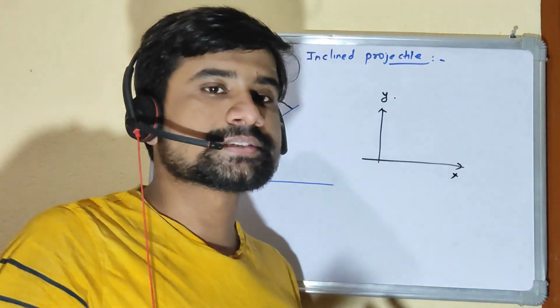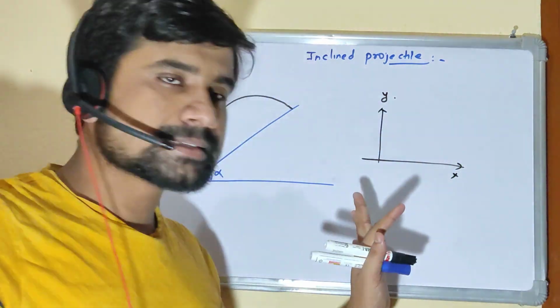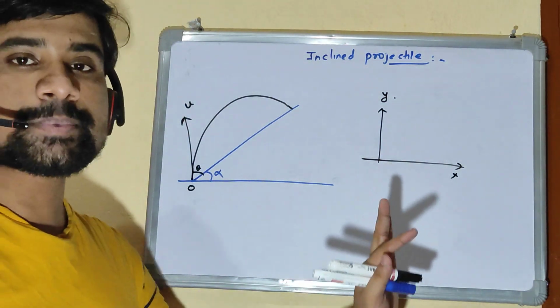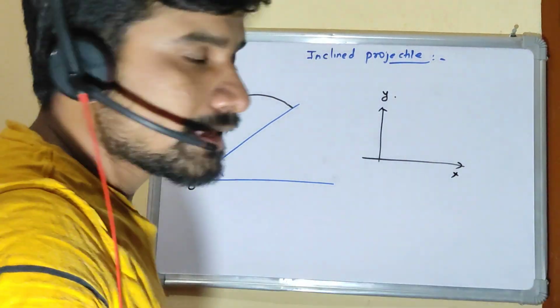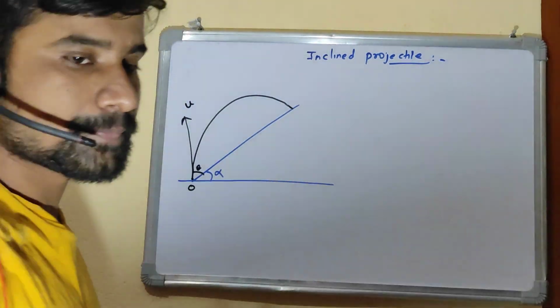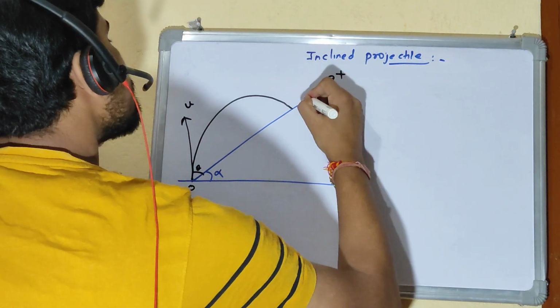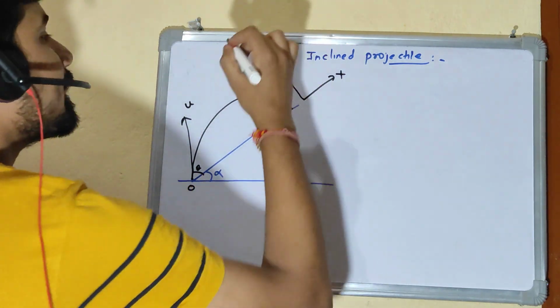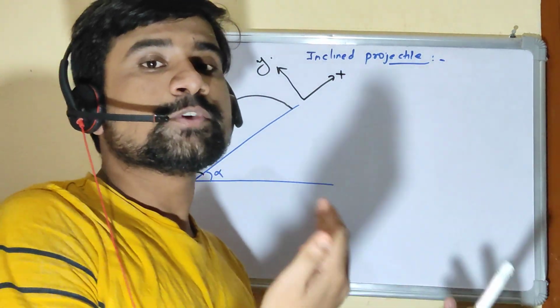But the problem won't be very simple if I take this type of system as my coordinate system. If I tilt this coordinate system by an angle alpha, and take this as my x and this as my new y, I can easily solve my problem, by taking a reference of what we discussed.